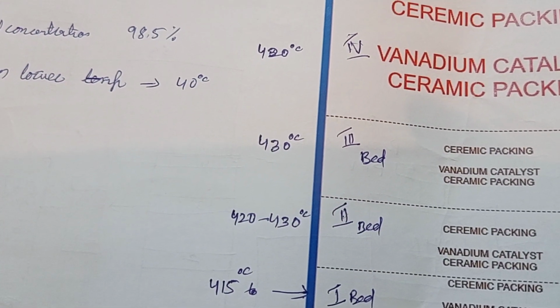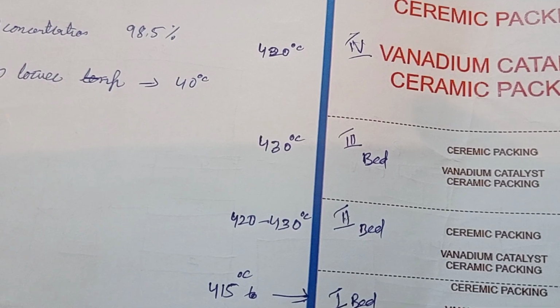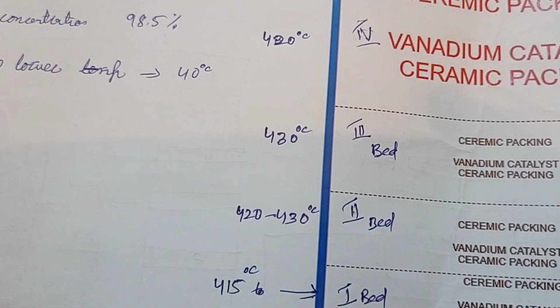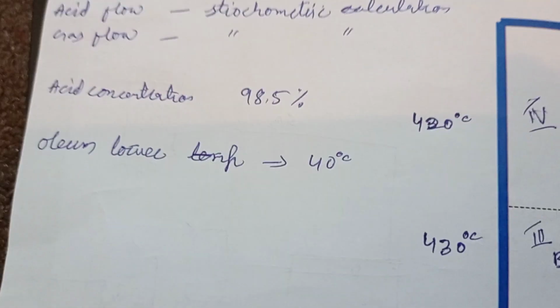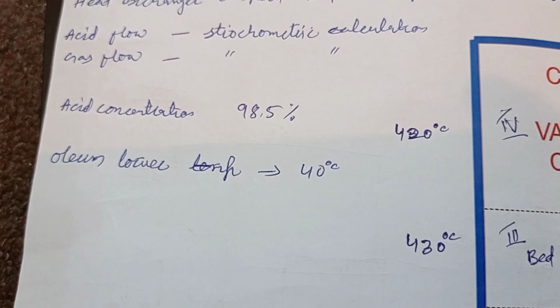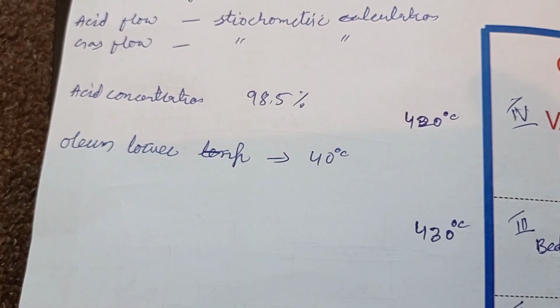It may be 100 meter cube per hour, 120, 300 or 400 meter cube per hour, all depending upon the production of SO2. If SO2 production is more, then the acid flow is directly proportional.